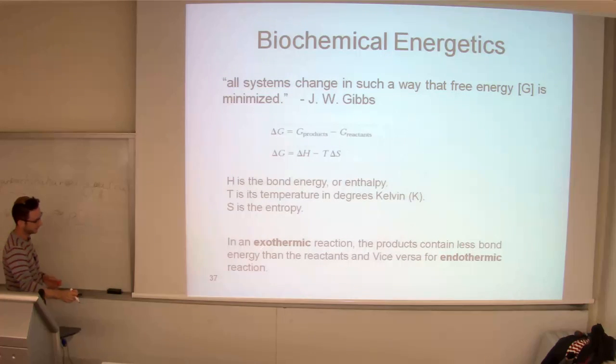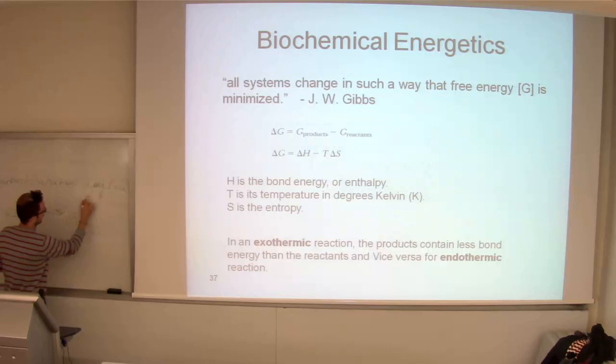Exothermic meaning that it secretes energy. The system secretes energy to the outside. And if it's the other way around, then it is an endothermic reaction. It absorbs energy. If it's like this, for instance, it'll have to absorb energy in order to occur. So this is, again, talking about the enthalpy.